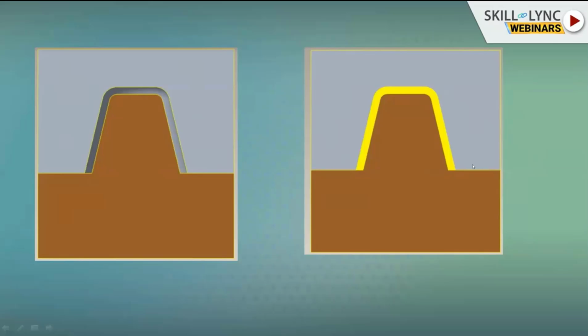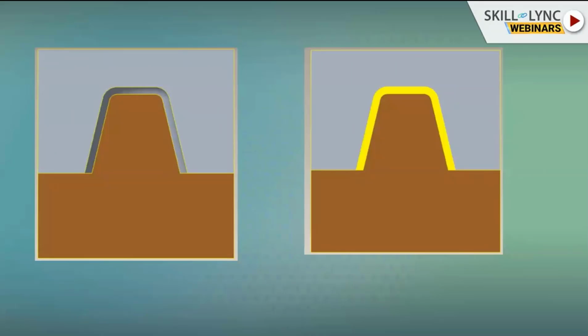That is the dimension we require for our physical part. Actually, in the core and cavity, the dimension will be more. I mean to say that when the plastic part cools, its dimension will decrease. This change in dimension or volume is known as shrinkage.